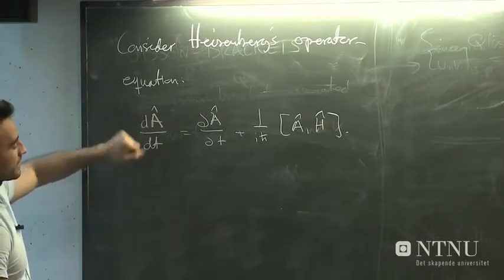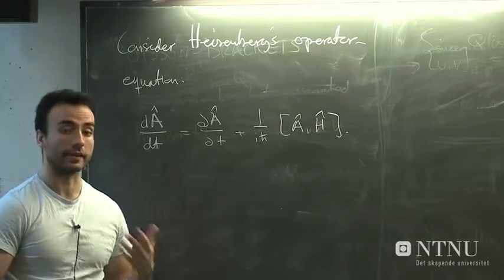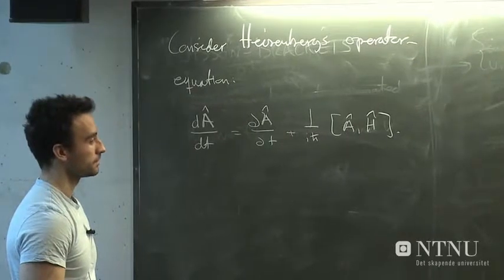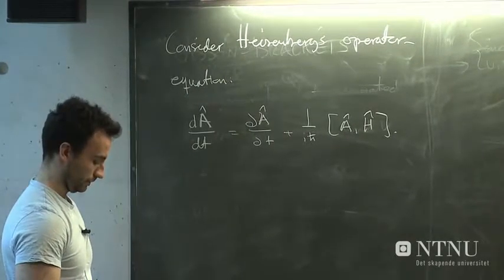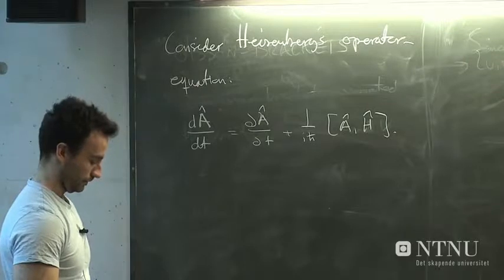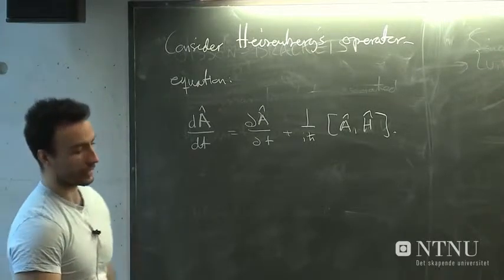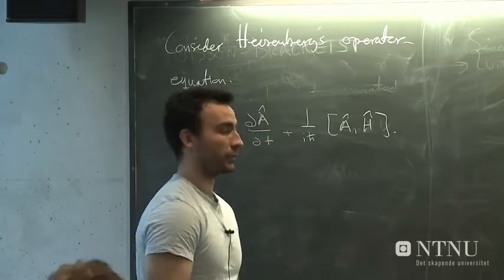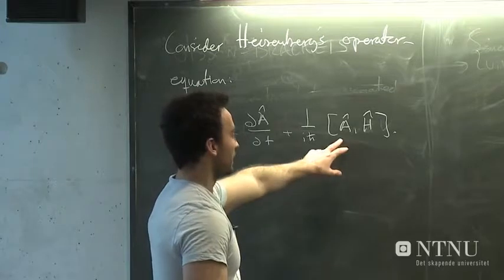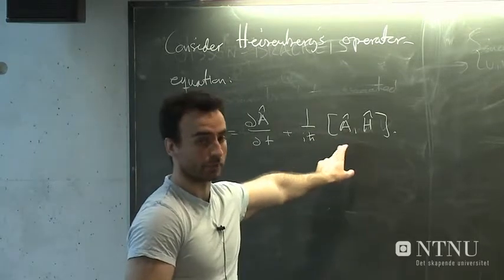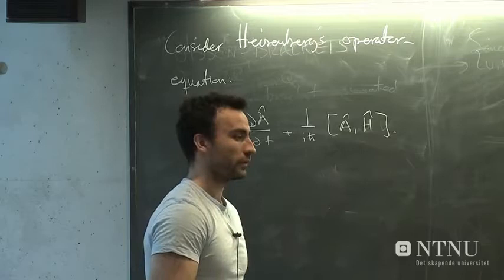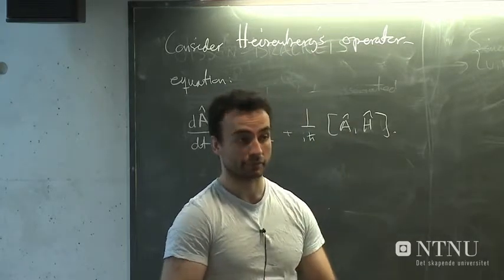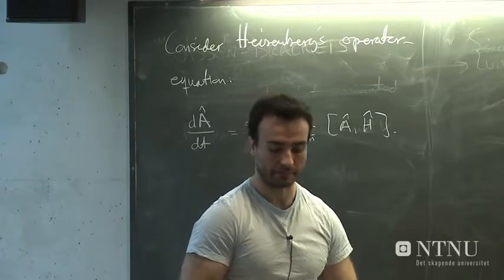I've added the hat superscript here to indicate that we're dealing with operators. So the connection here is very similar to what we consider here for Poisson brackets, namely that if the commutator between an operator and the Hamiltonian is 0, well, that means that the physical quantity corresponding to that operator is preserved or conserved, time invariant.